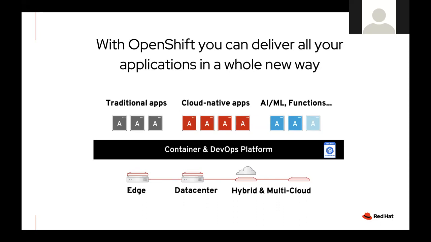It can support traditional applications as well as the new cloud native applications that you are building, or any modern AI, machine learning, and function as a service platform that you are looking to deploy. Because again, containers are the best platforms for the modern workload, because they are much more efficient, they can dynamically scale, and they are designed for these types of workloads that scale out.